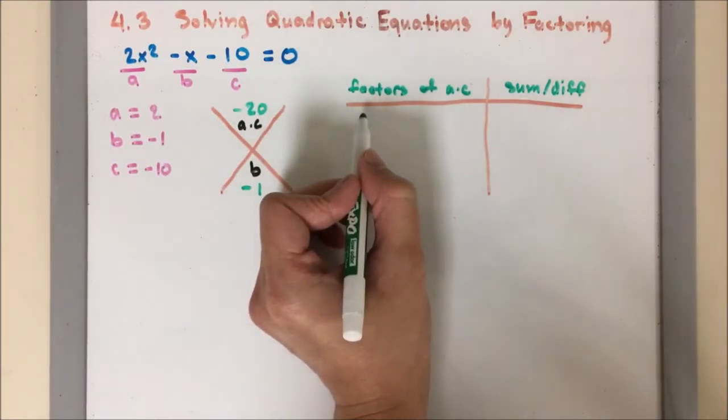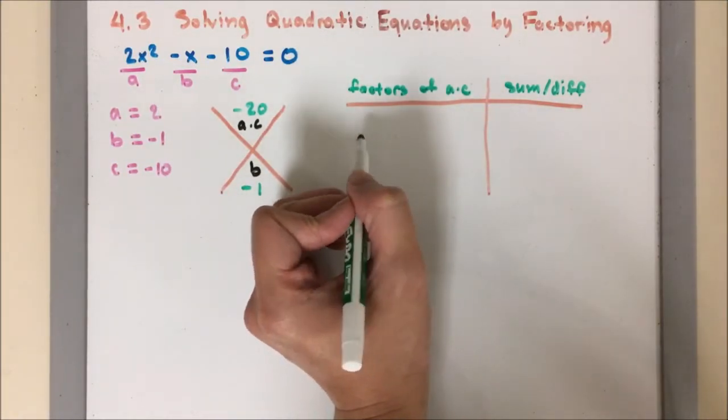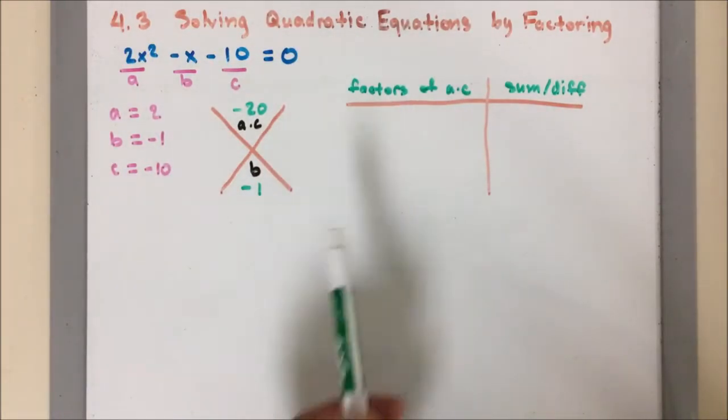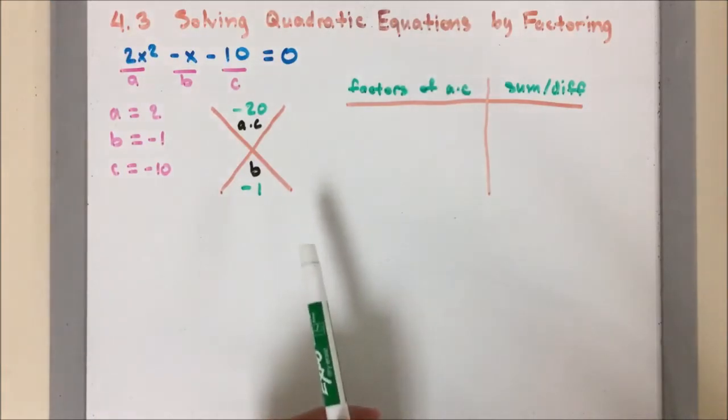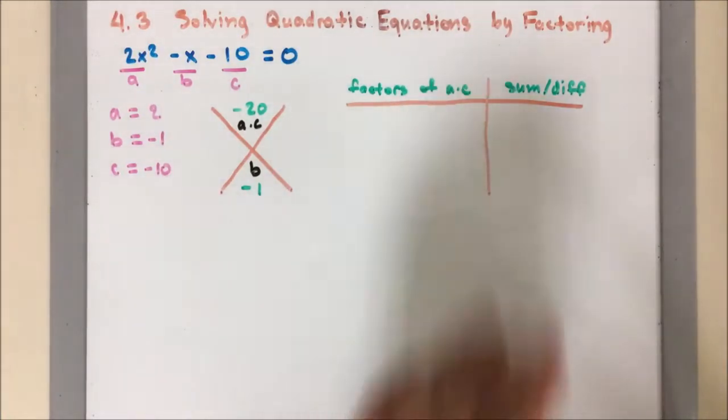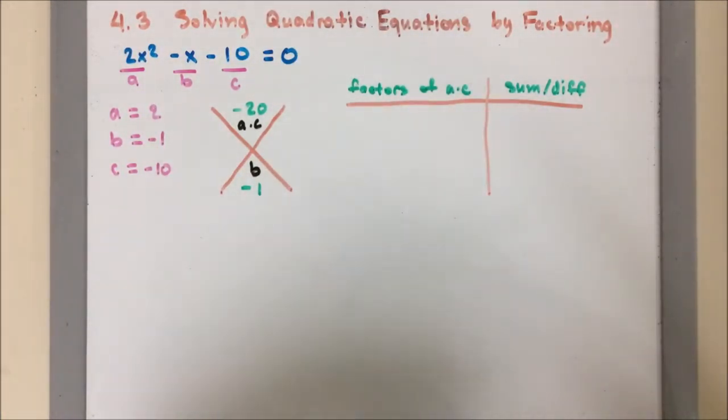And one thing I forgot to mention is that the reason we write out the factors is that you can visually see which factors you have already tested out and didn't work. So that way, you have a better chance of finding the correct factor. You don't want to end up writing out a pair of factors that didn't work, erase, and then accidentally writing down the same numbers you just used before that didn't work. So this is a way to organize your work, to visually see what factors you have tested out and didn't work. So now you're doing just a process of elimination.